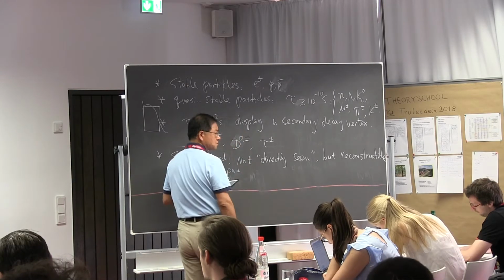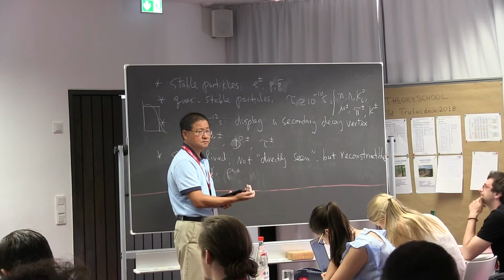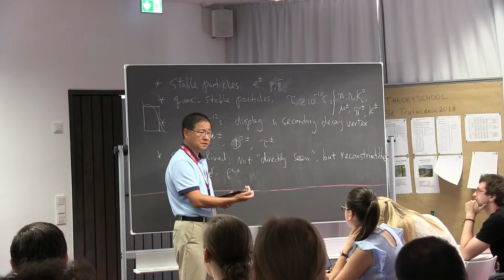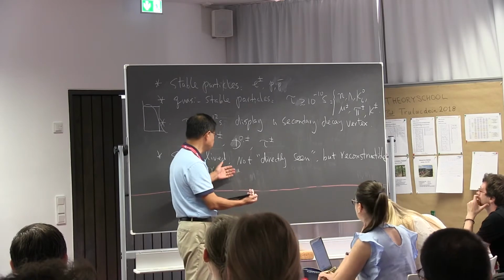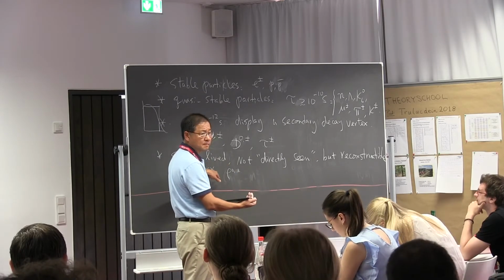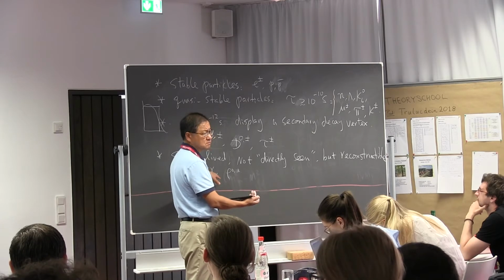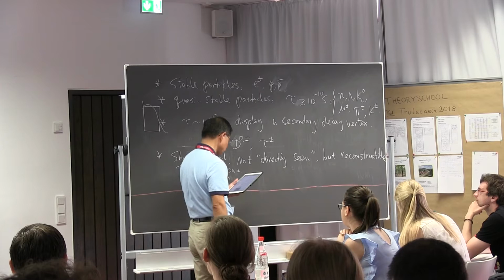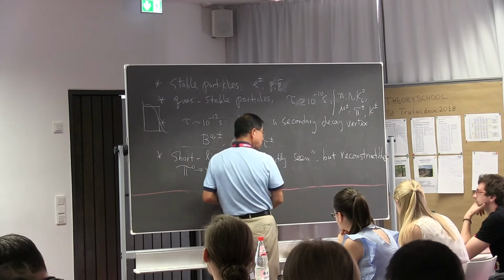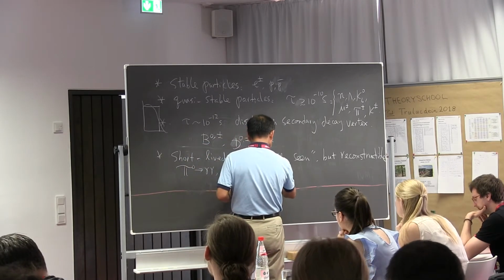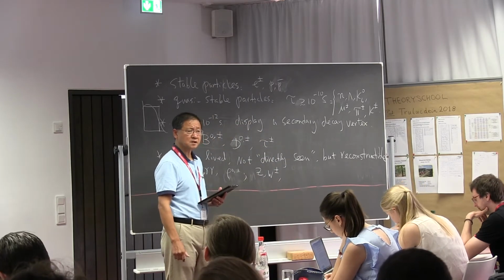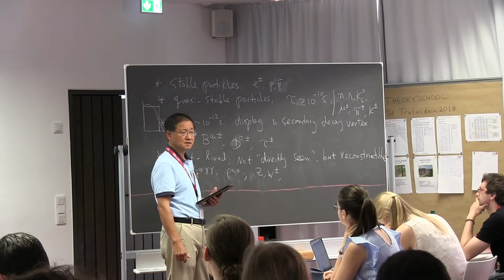Those particles would not appear as they are themselves in your detector. Rather, they become something else. You may reconstruct, you may not reconstruct, but what you see is already the decay products showing up. Similarly, important ones, W and Z. The lifetime is 10 to the minus 23 in that region, very, very short.